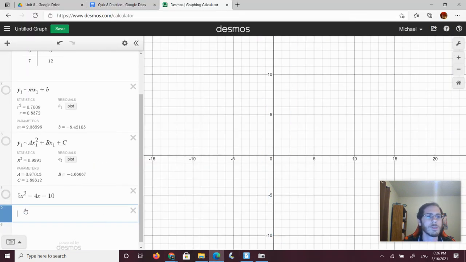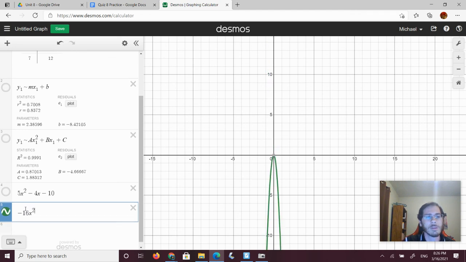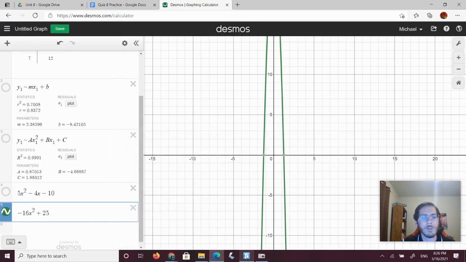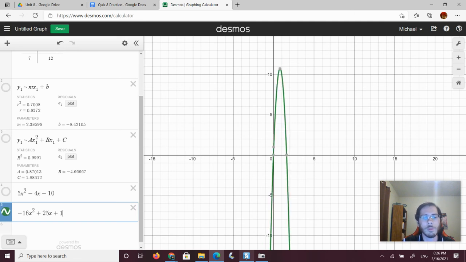If I do it, I don't want to type h of t. I could if I wanted to. I'm actually going to put in negative 16x squared, because Desmos likes x instead of t, plus 25x plus 1.5. And that gives me my equation for my grasshopper.